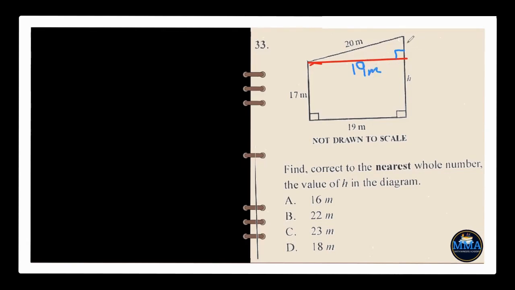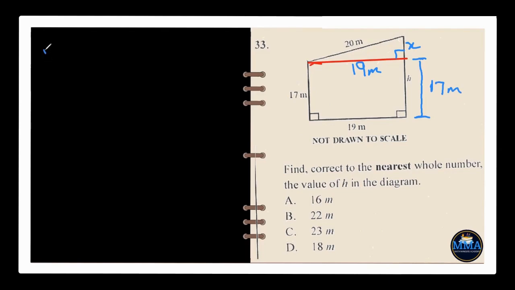Now let's call this part x. So now we are going to use Pythagoras here to get this x. Remember too that from here to this place is also equal to 17, because this is already a rectangle. So we have 17 here. So we can get x using Pythagoras.